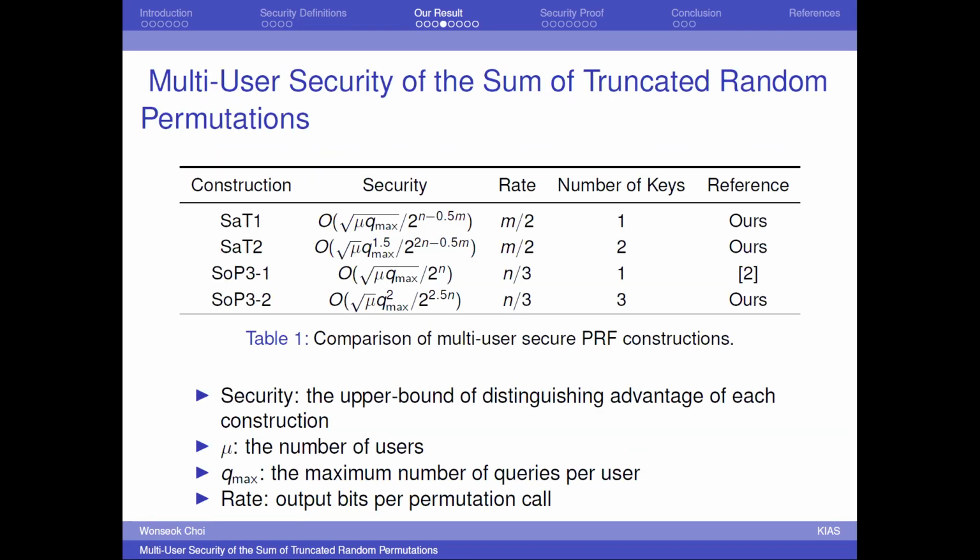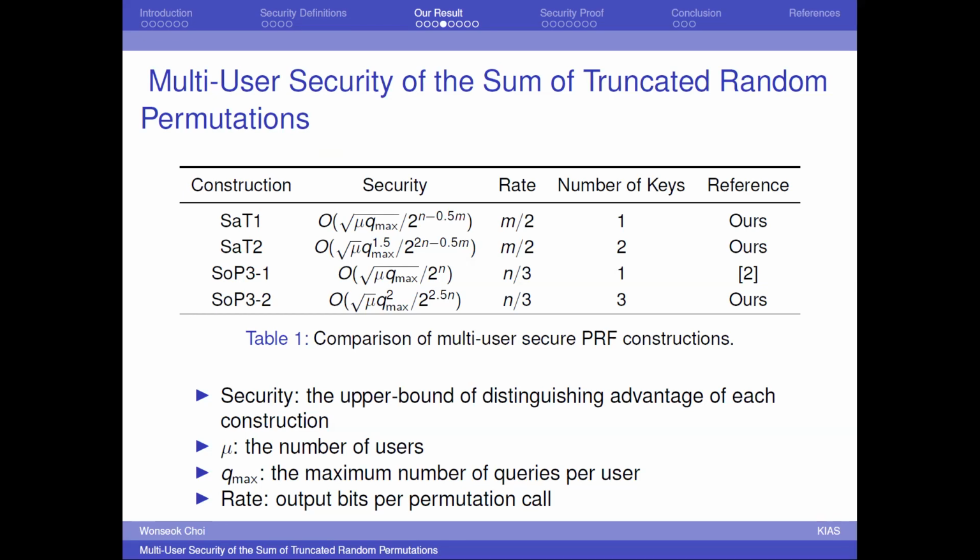And this is our result, where the security implies the upper bound of the distinguishing advantage of each construction. Mu is the number of users, and Qmax is the maximum number of queries per user. M is the output bit length, and rate is the output bits per permutation call.